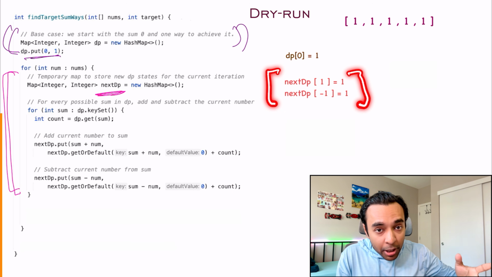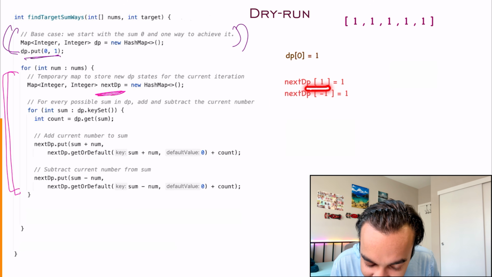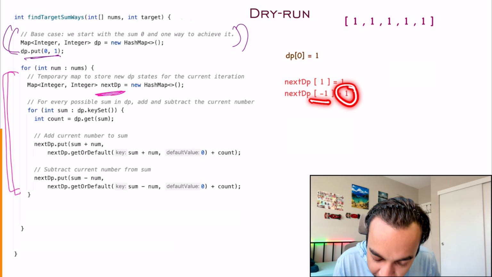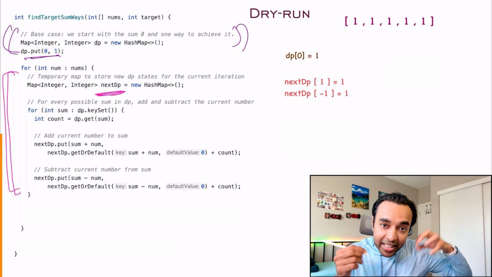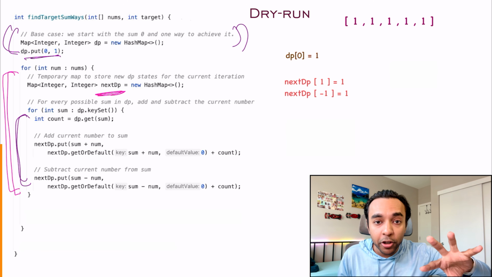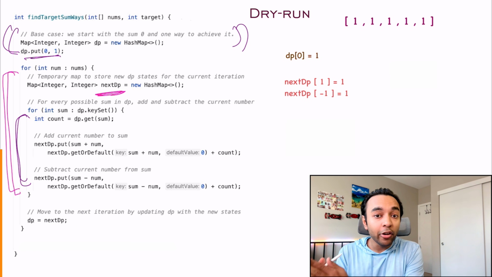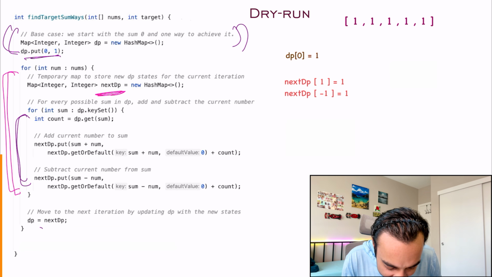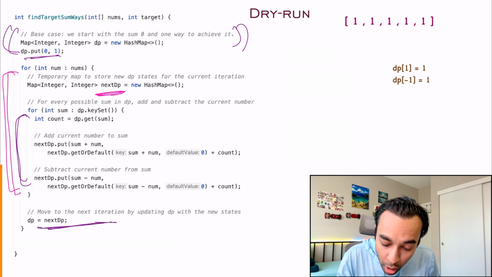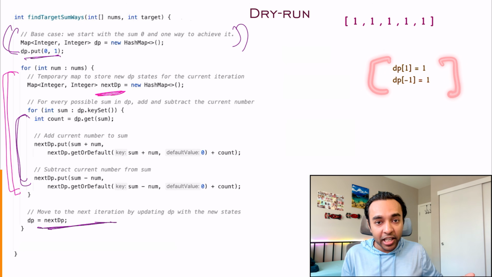So this new DP array is telling me that to get a sum of 1, one way is possible, and to get a sum of -1, only one way is possible. This inner for loop ends now, and then once you get out, what do you need to do? You need to update your original DP array, and that is where I say DP equals next DP. So my new DP array starts to look like this.